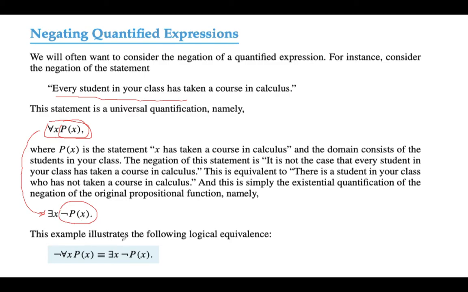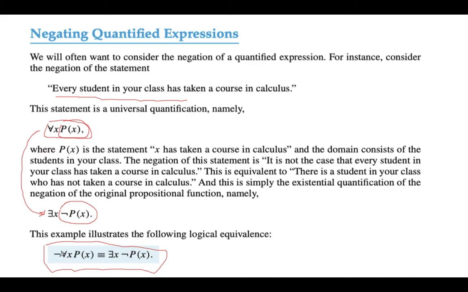This example illustrates the following logical equivalence. So not for all x P of x is logically equivalent to there exists x not P of x. Both statements are logically equivalent. How are they logically equivalent? Because this statement says there is a student who has not taken the course in calculus.